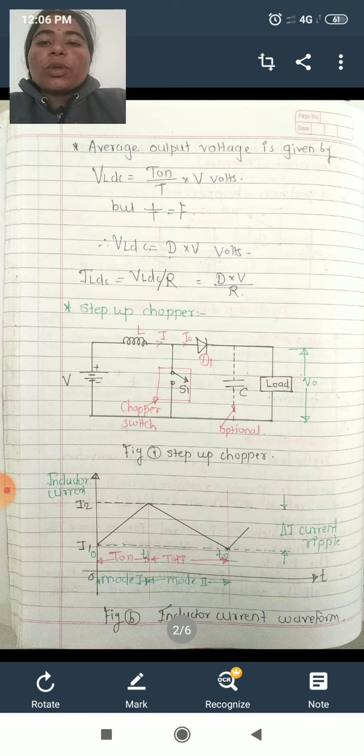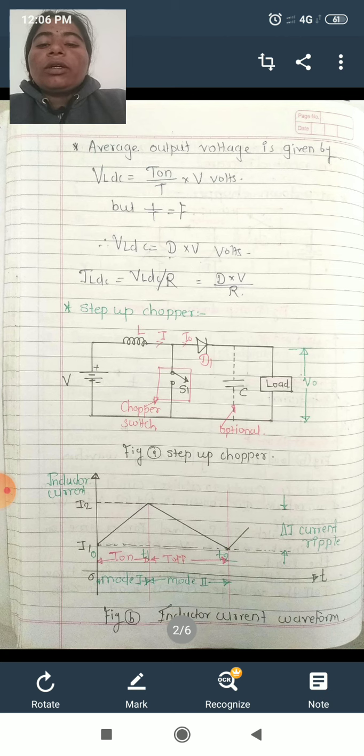From this equation we can calculate the load current, that is ILDC is equal to VLDC upon R, and putting the value of T on upon T as D, you will get D into V upon R. Now, this is for the step down chopper.